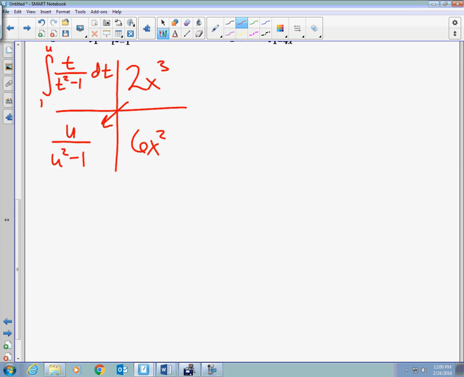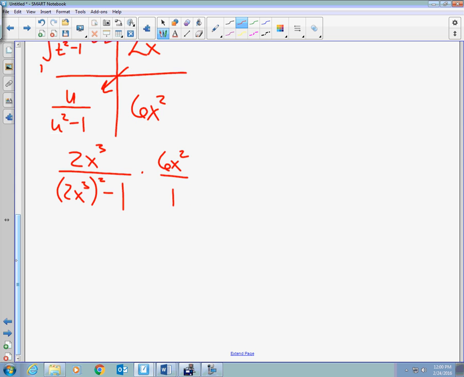All right, so we put that in there, 2x to the third over 2x to the third quantity squared minus 1. Multiply that by 6x squared. And I get 12x to the fifth over 4x to the sixth minus 1.